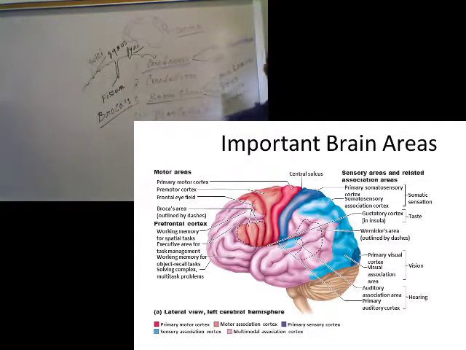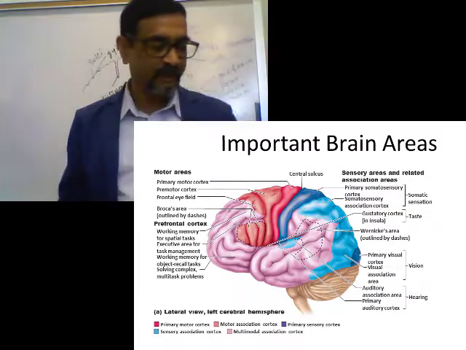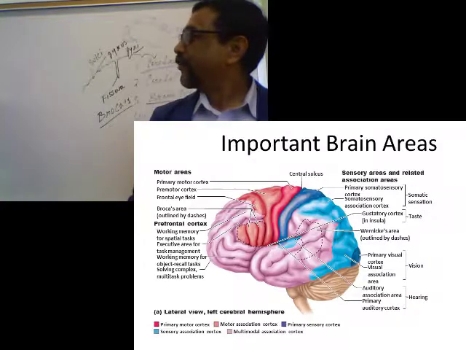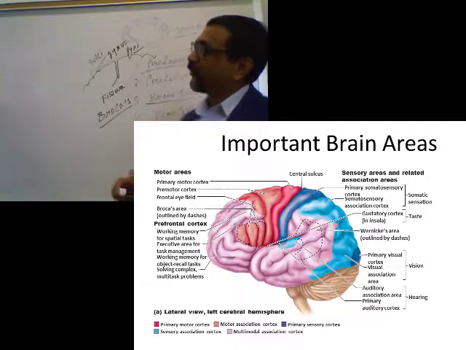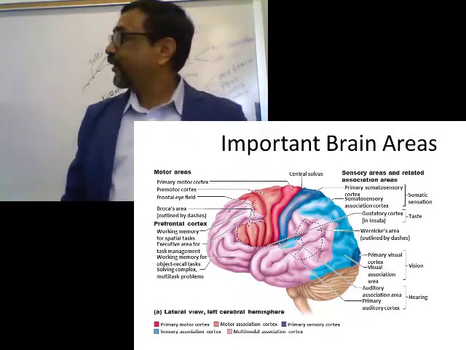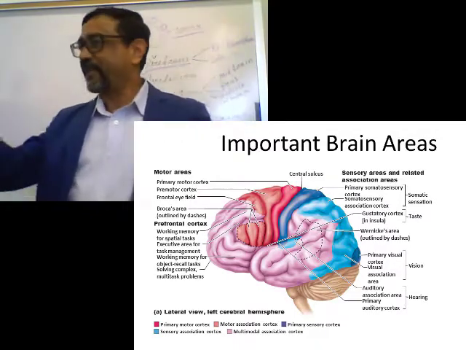Broca's area. Broca's is the name of a person. I'll talk about that. So Broca's area is responsible for the production of speech.